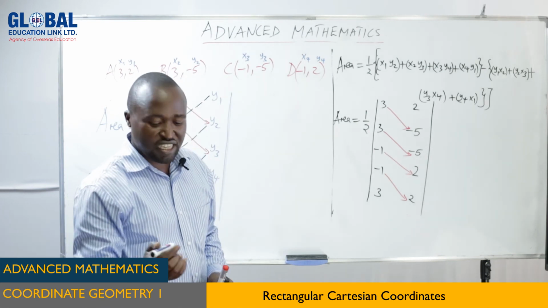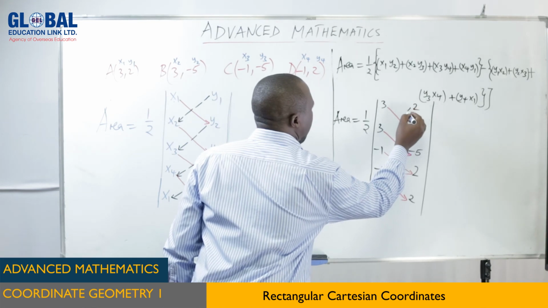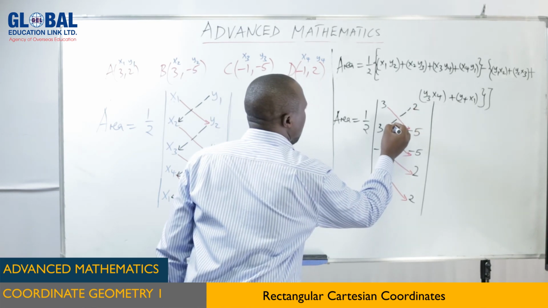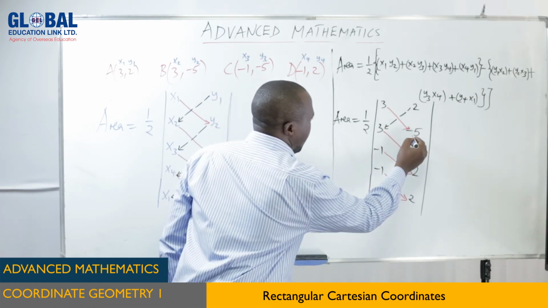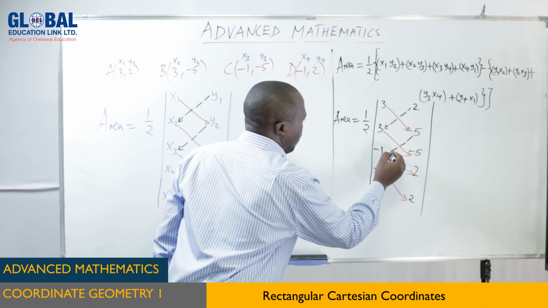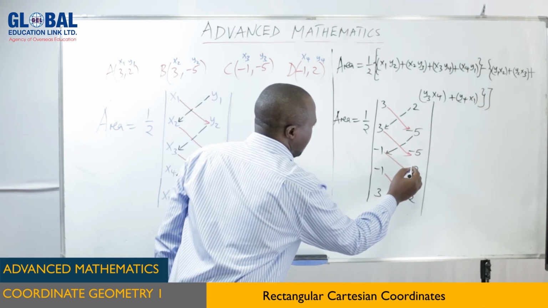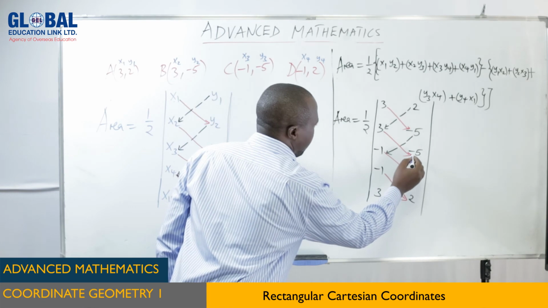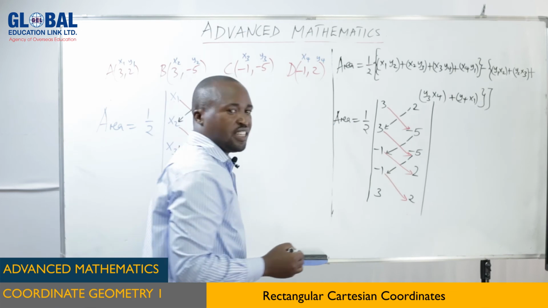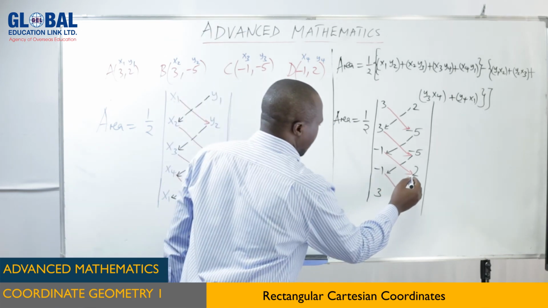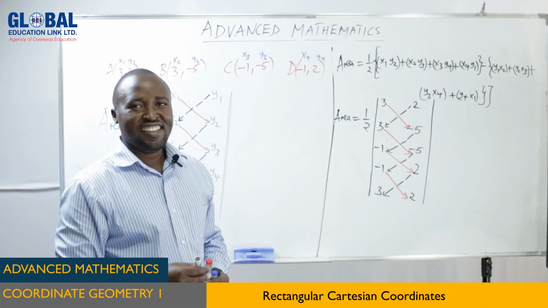For the case of dotted arrows, we are going to have 2 with 3. Then negative 5 with negative 1. Then we have negative 5 with negative 1. And the last one will be 2 with 3.